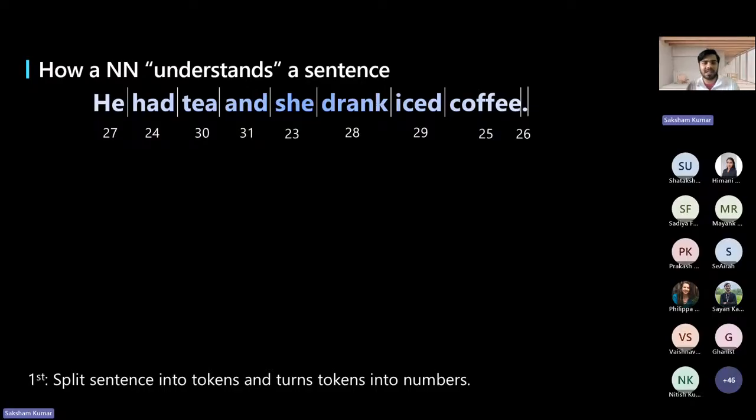It takes a sentence, and it has statistics involved, as I said, it's mathematical models. It divides the whole sentence into tokens and turns the tokens into numbers, because computers only understand numbers, right? Each individual unit is a token, and everything, like 31, 23, 28, is divided and represented by numbers.